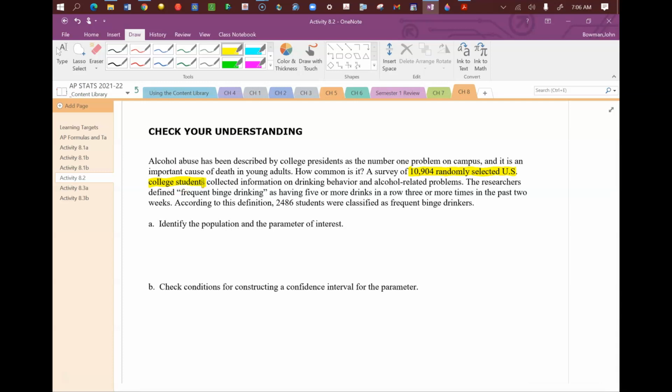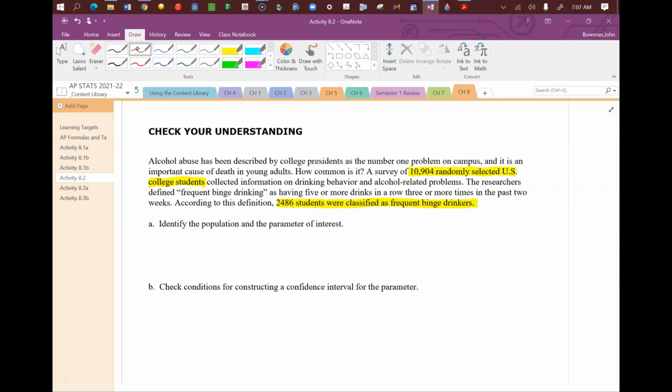The researchers defined frequent binge drinking as having 5 or more drinks in a row 3 or more times in the past 2 weeks. According to this definition, 2,486 students were classified as frequent binge drinkers. Identify the population and the parameter of interest.